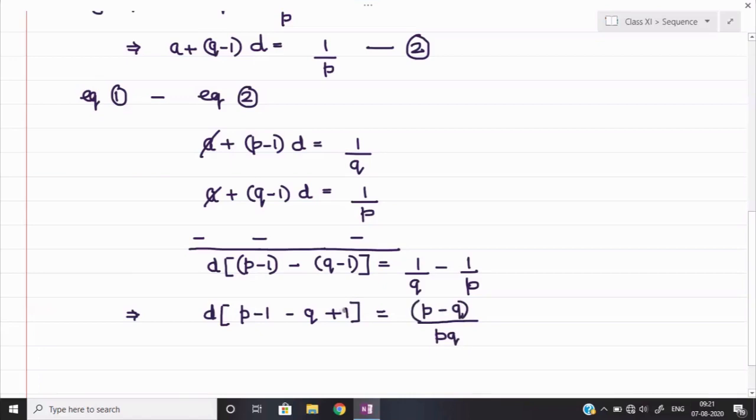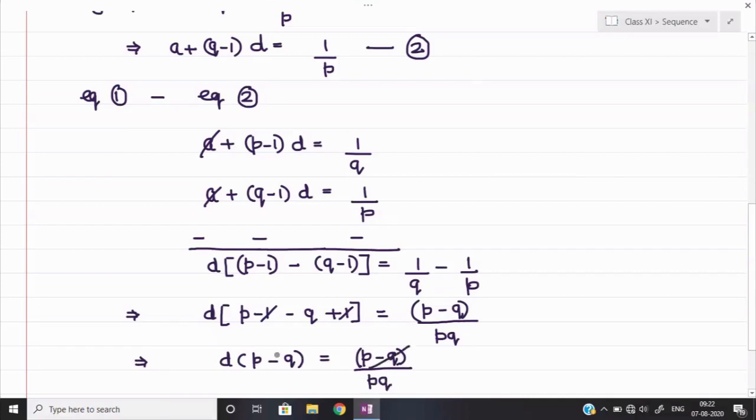Now here you observe 1 and 1 got cancelled. So remaining is d into the bracket p minus q is equal to p minus q upon pq, right?